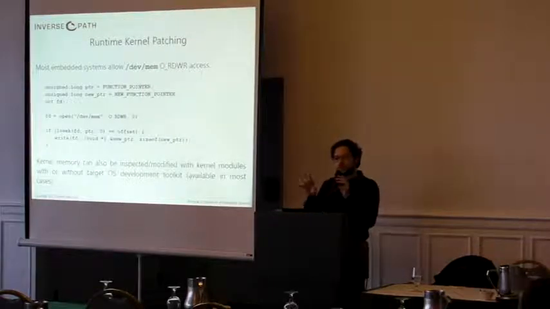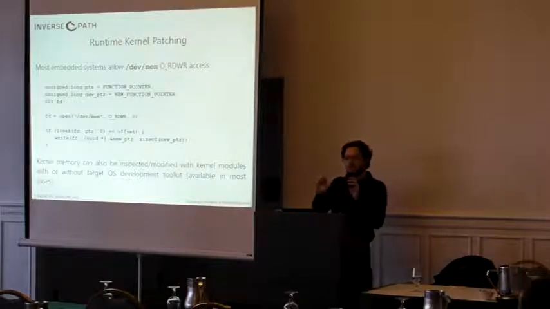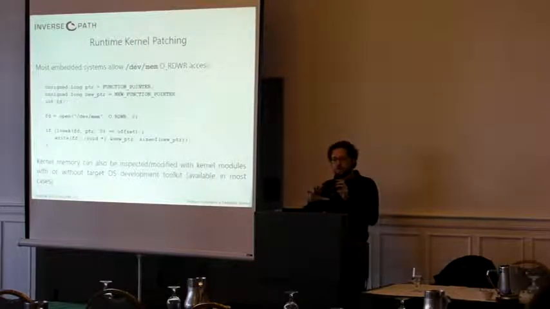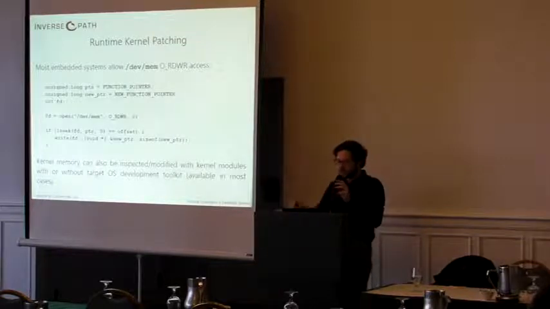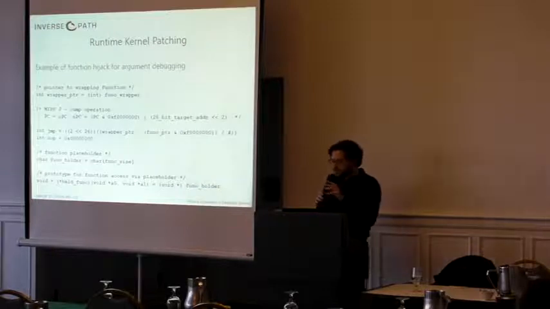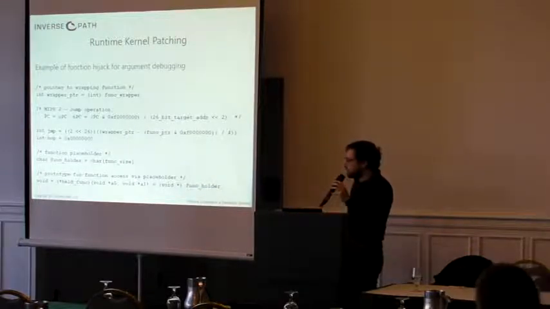You can use C as a user interface to assembly in a way that you don't have to include any header, nothing else, and as long as you can find the symbol table on the system which tells you where the functions are, and we're going to see an example about that, then you're pretty much set. So this is an example of doing a function hijack for arguments debugging.